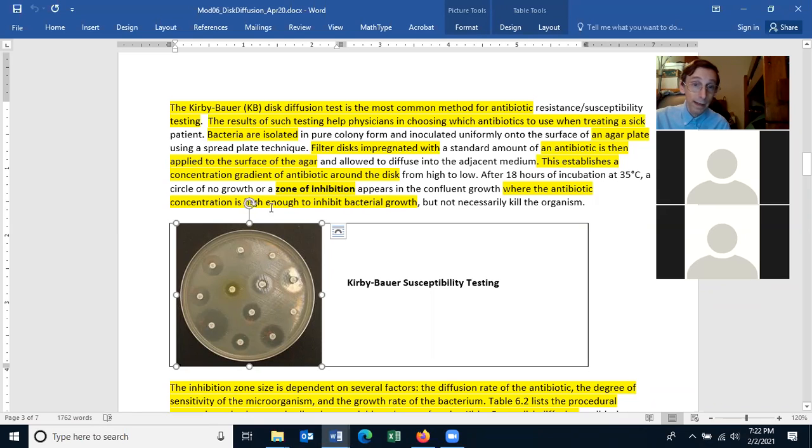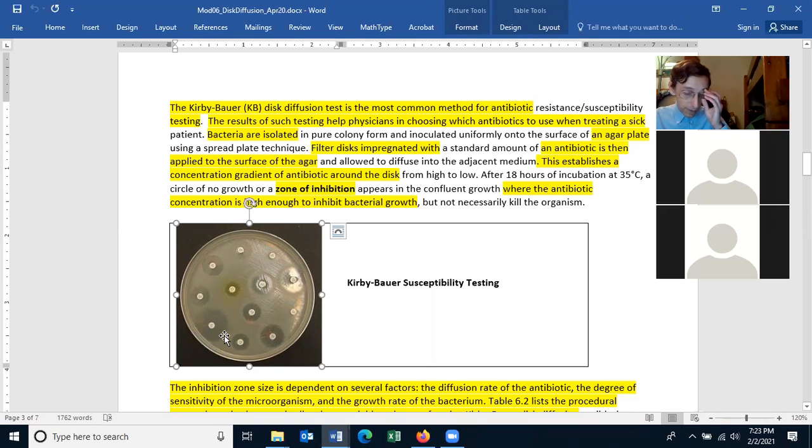The reason why the Kirby-Bauer disc diffusion test works so well at giving the doctor the results for which antibiotic will work against that bacteria is that the antibiotic diffuses out of the disc through the agar, creating the zone of inhibition.